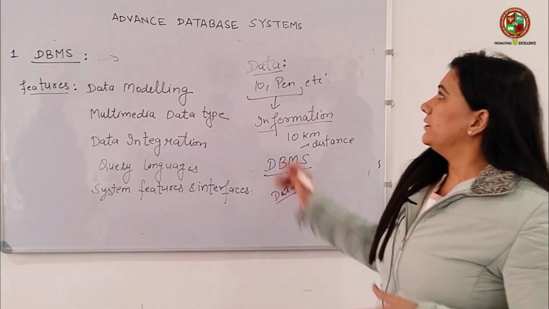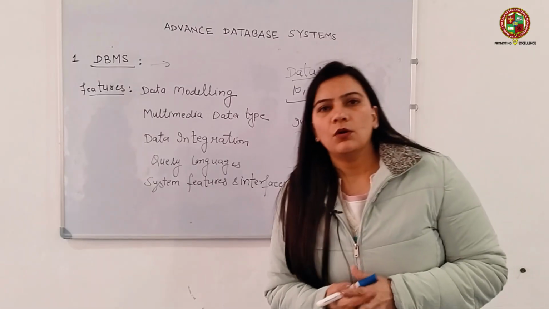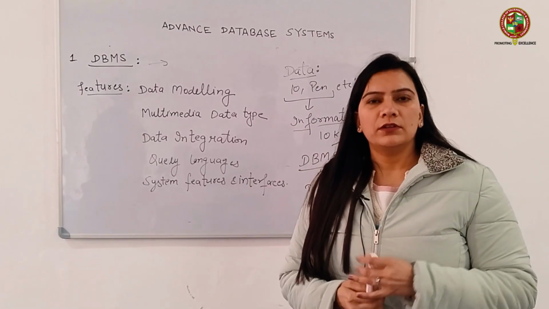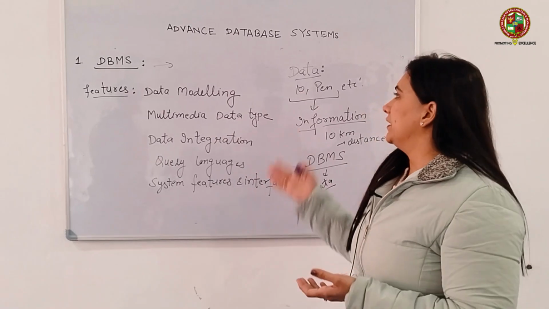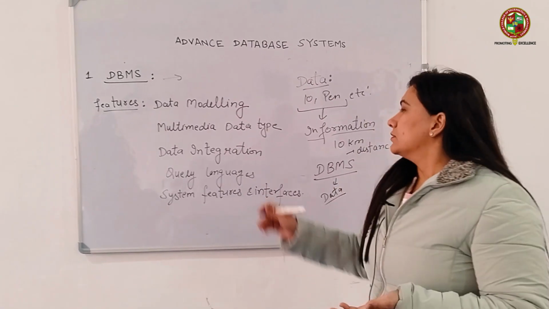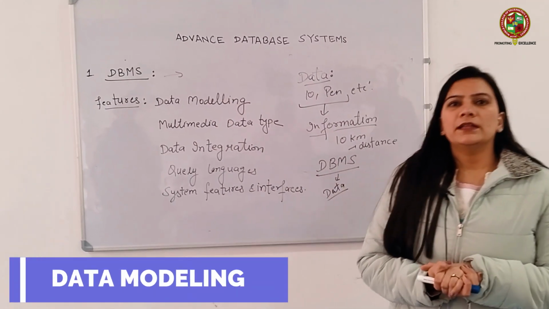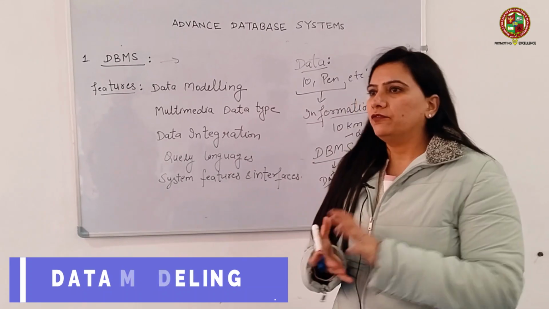So what is in the advanced database system? To meet today's organizational requirements, these are the various features which are implemented in the previous database. The first feature is data modeling, which is creating data in different formats.